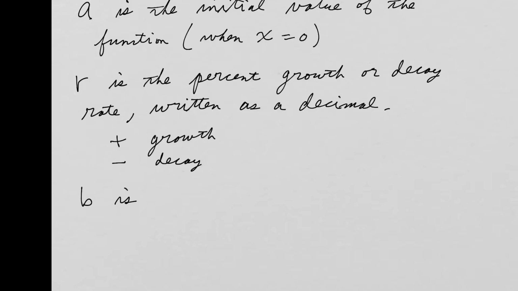And then finally, b, you can think of as the growth factor. So we're going to define it as the growth factor. And remember, we know that b is equal to 1 plus r.